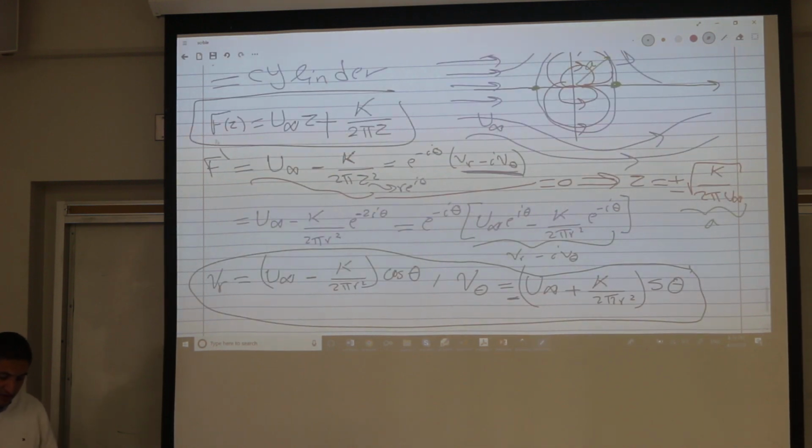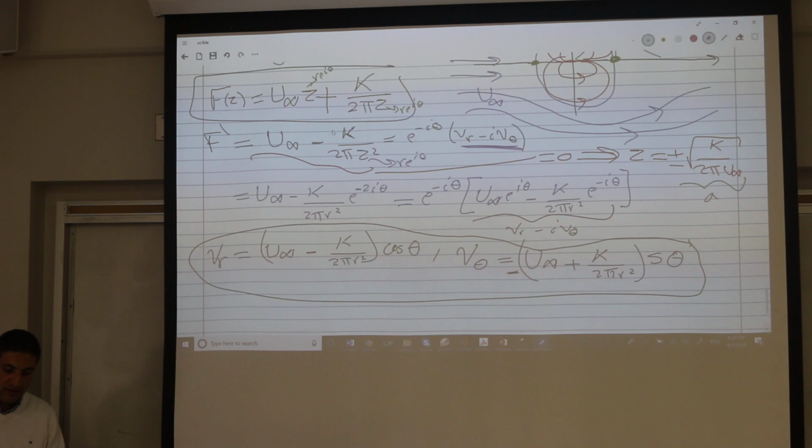Well, the stream function is very easy. It's from f. I need the imaginary part of f, right? So actually this is r e to the I theta. So I need the imaginary part of this guy. So if psi is the imaginary part of f, it's u infinity r sine theta. This is the imaginary part. I'll take the sine theta as a common factor, minus k over 2 pi r sine theta.